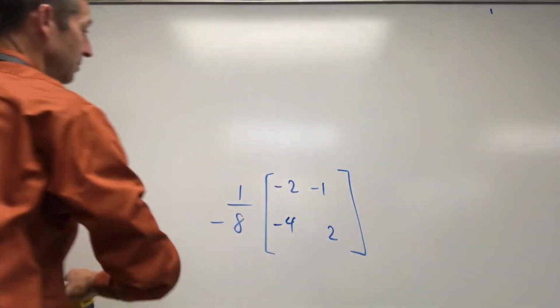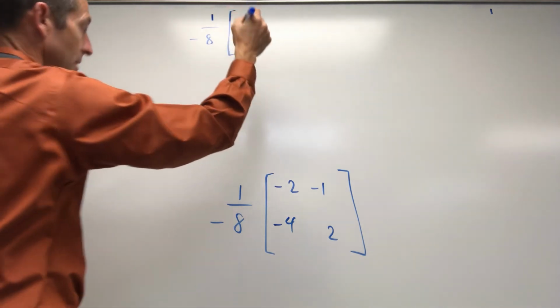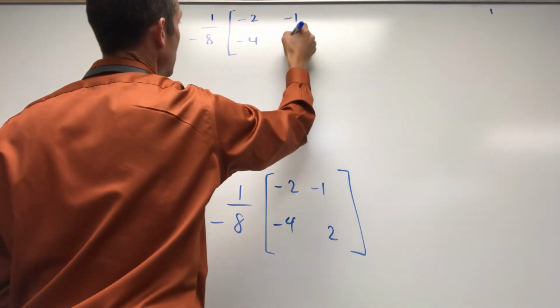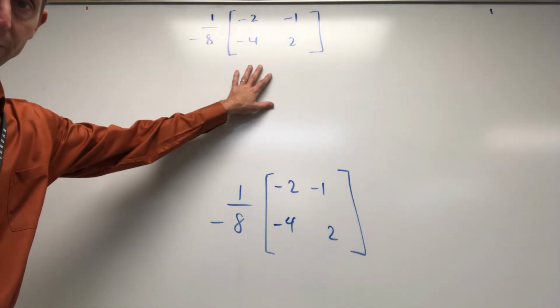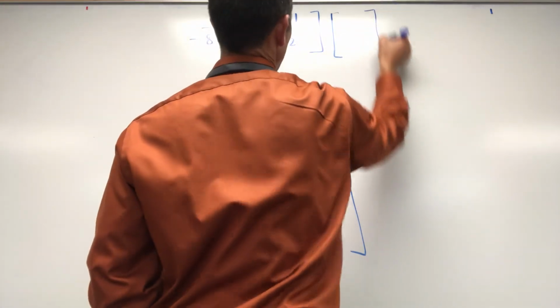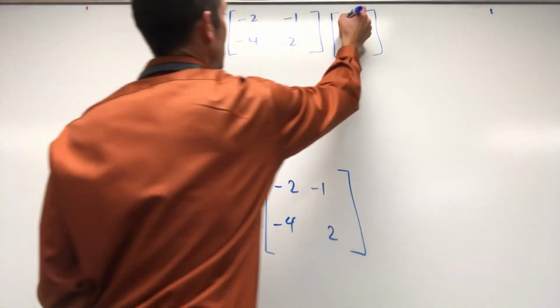Let's get it way up high. So 1 over negative 8, negative 2, negative 4, negative 1, 2. We're grabbing the inverse, and we're going to multiply it times our answers. It's 7 and negative 6. Let me look. Yes, 7 and negative 6.